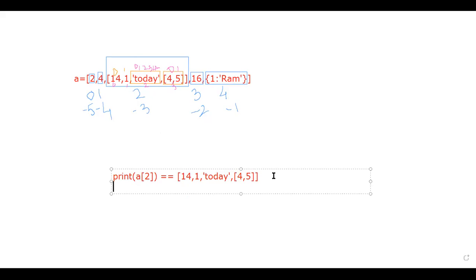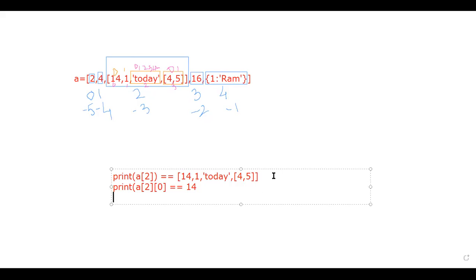But I wanted only the number 14 to be displayed. In that case, I should have written print A[2][0]. Now when I do this, my output is 14.